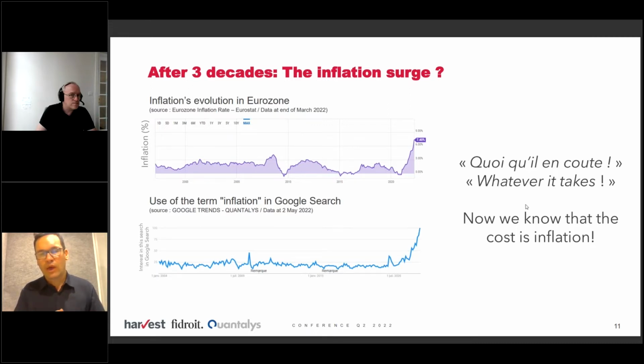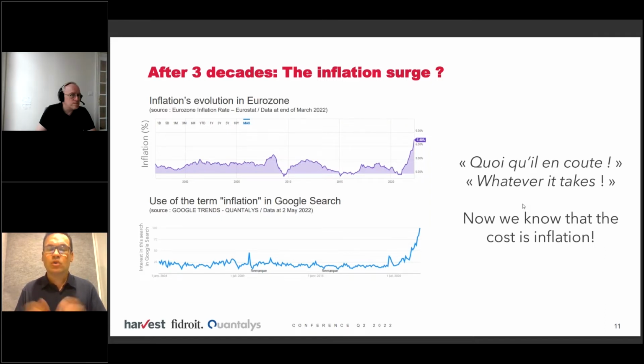And on the other hand, we have the symmetric move on inflation, which is close to 6% in the Eurozone. In the Eurozone, it was 3% last year and at the beginning of this year, and now we are talking about 6% and more in Europe.